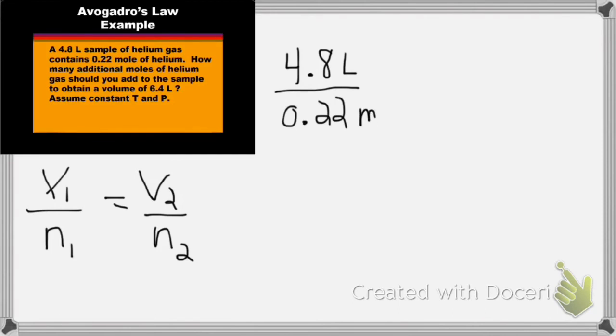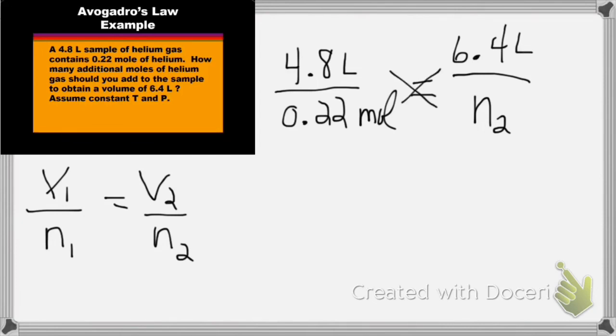We're being asked what our new amount in terms of moles is, so we're looking for N2 if the volume is now 6.4 liters. So we're going to want to cross multiply to solve, and our liters cancel.